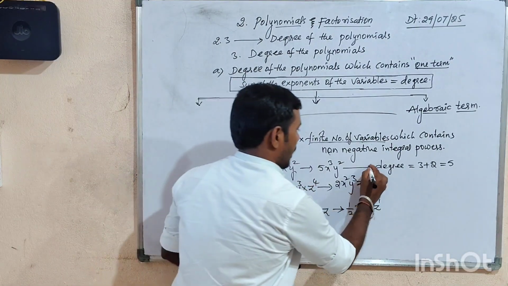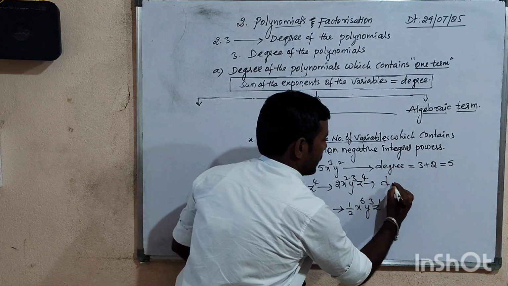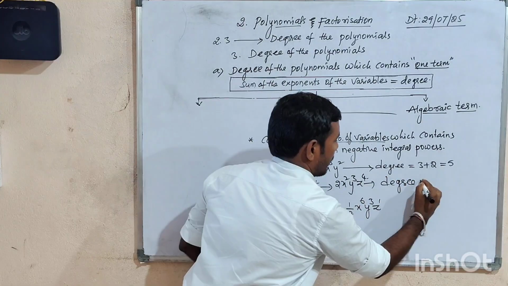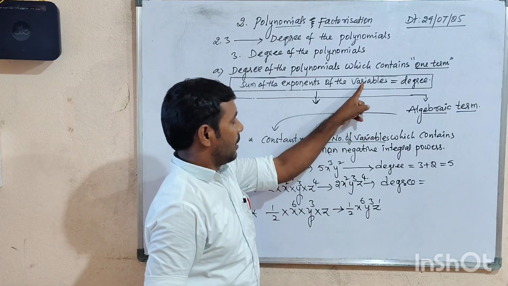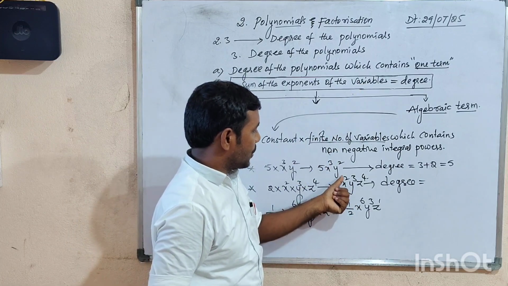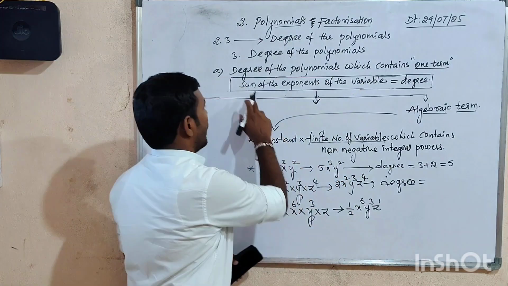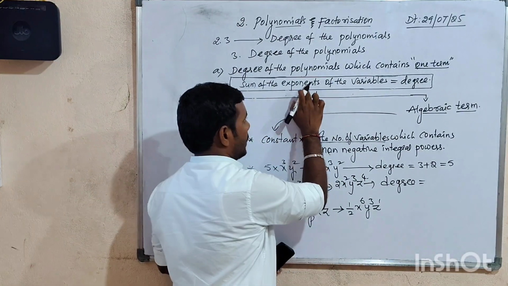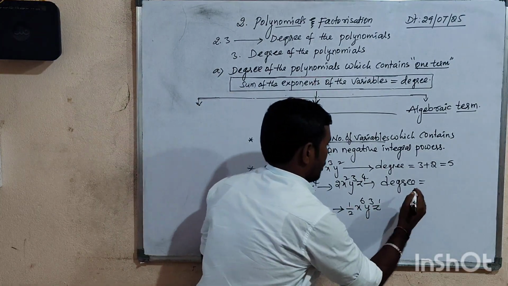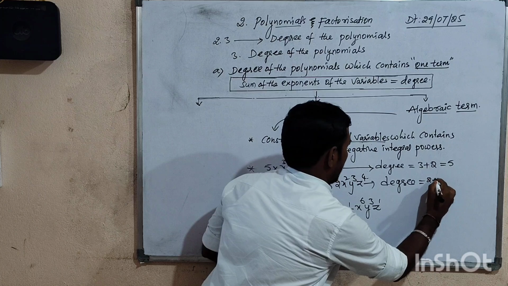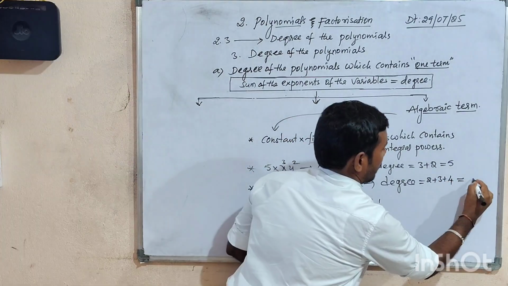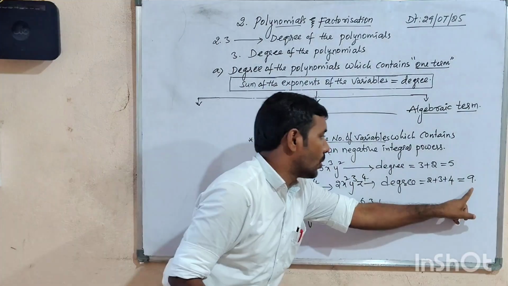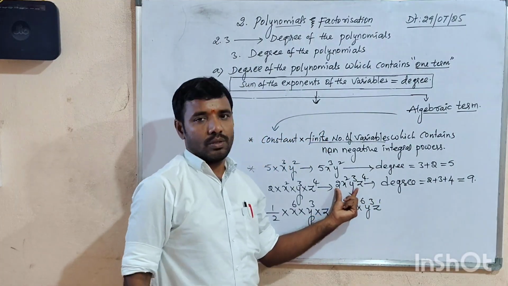Next, let us see this one. What is its degree? Same. Here x, y, z, 3 variables are there. Their exponents 2, 3, 4. Their sum according to this statement, so the degree is 2 plus 3 plus 4, which is equal to 9. This 9 is called the degree of this one.